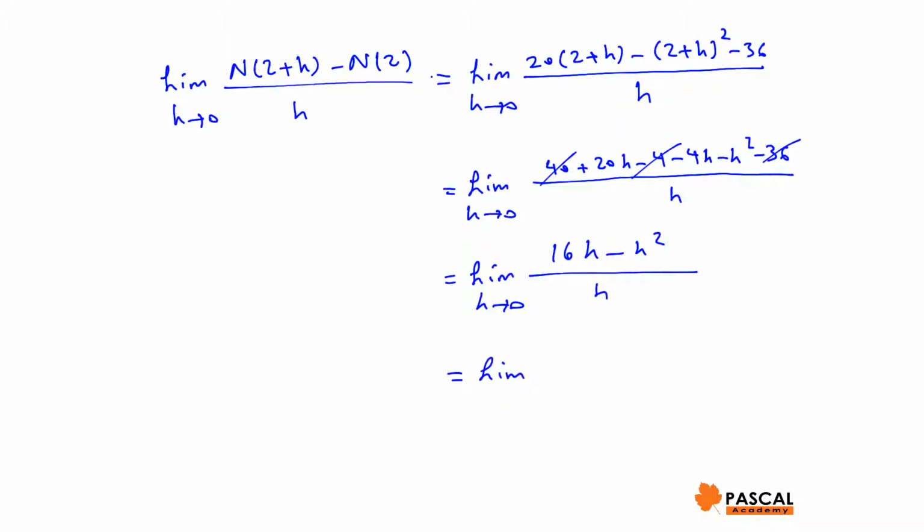If we reduce the fraction by h, the answer would be the limit of 16 minus h as h approaches 0, which is 16. So at t equals 2, the student is learning at the rate of 16 terms per hour.